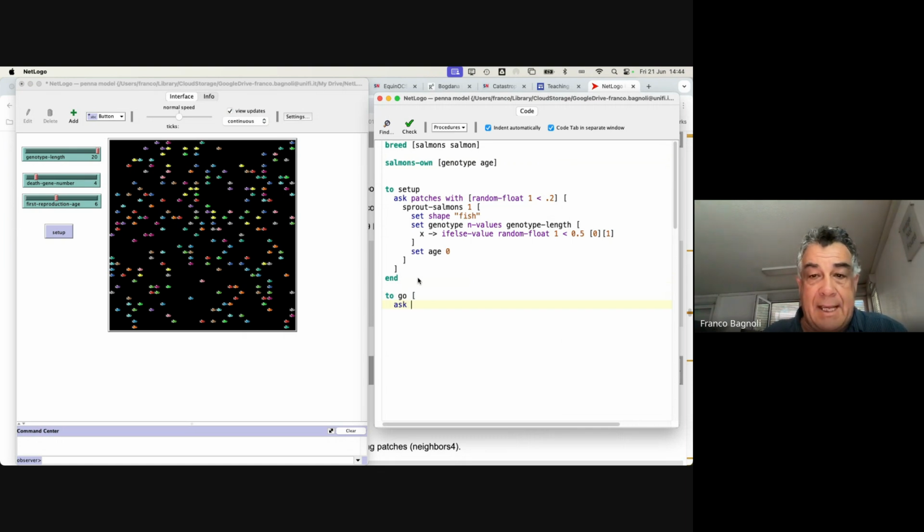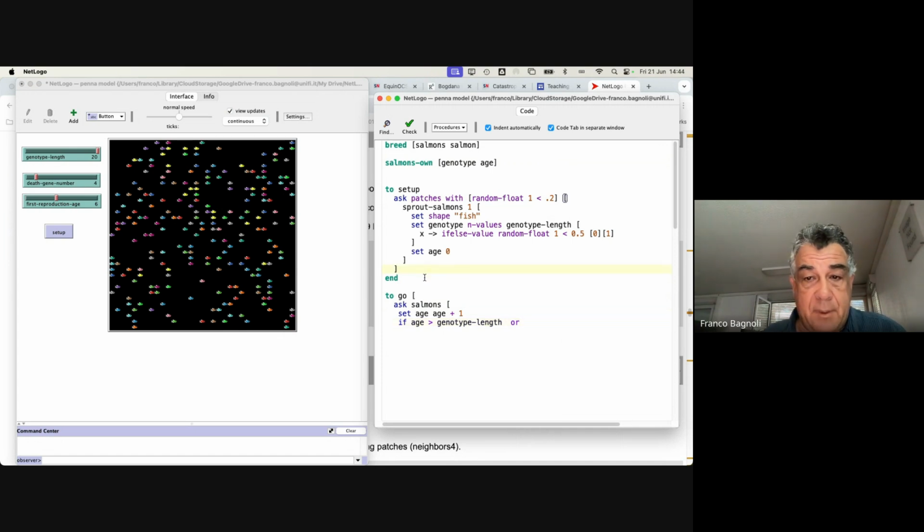And so now to go, we can ask salmons. First of all, we increase age, set age plus 1. Then if age is greater than genotype length, or now we have to sum.